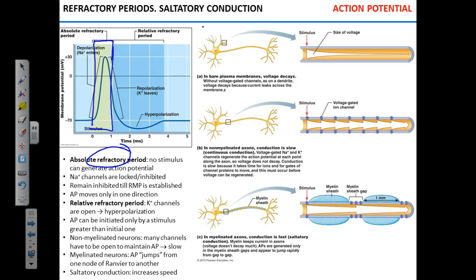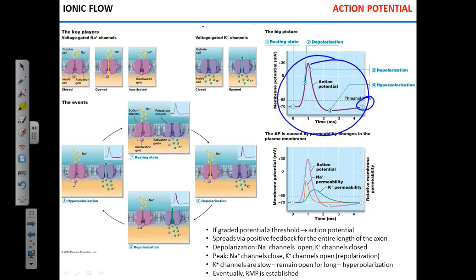So one refractory period that pretty much matches the depolarization and the start of repolarization is called the absolute refractory period. To understand what's going on there, we have to go back a couple of slides and look very closely at the sodium channel here. You may notice that the sodium channel has two gates. One gate is represented here as the little ball, and another gate is represented here as two thingies in the channel.